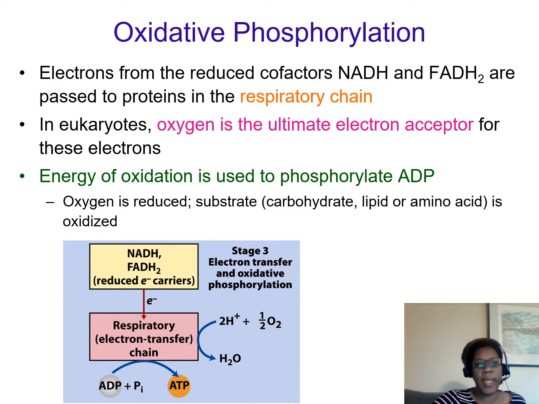We're creating H2O, one of the products of metabolism. And the energy that's created from this electron transfer is going to condense together ADP and phosphate to create ATP.